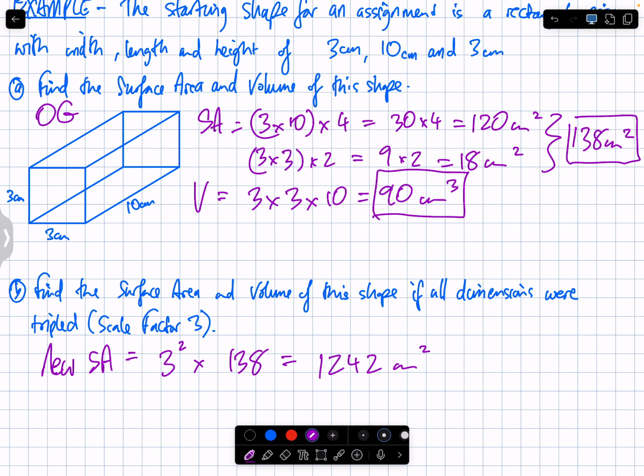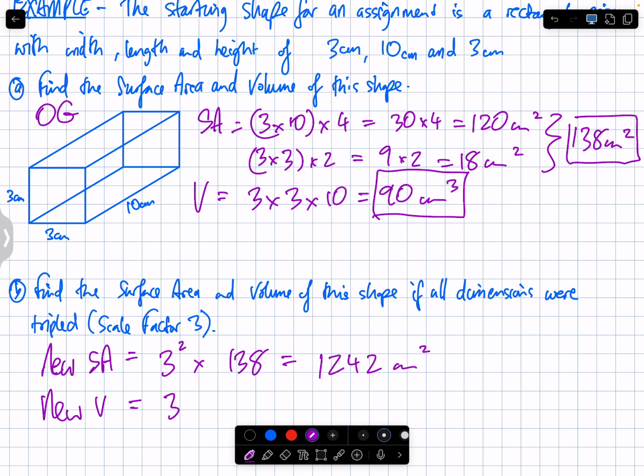Do you agree that that's a bit quicker than having to find the surface area of the shape when it was 9 by 9 by 30? I don't have to draw a whole new diagram. I know that this is the starting one. I know that all the sides are increased by a scale factor of 3. Use my shortcut, I found it. What's the shortcut for volume? New volume is going to be 3. Is it squared for volume or cubed for volume?